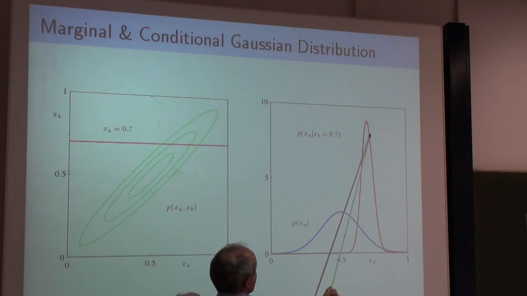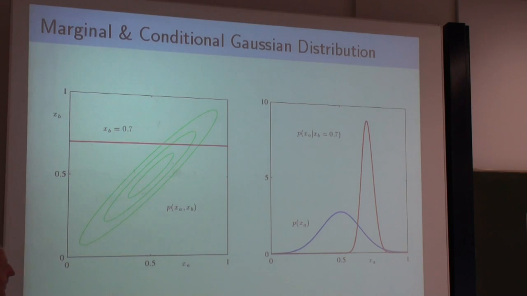That's why we get this red density function. So it's easy to imagine what happens when we do marginalization: we just project onto a subspace. But conditioning means we fix some variables at a fixed value, and then we get a cross-section.